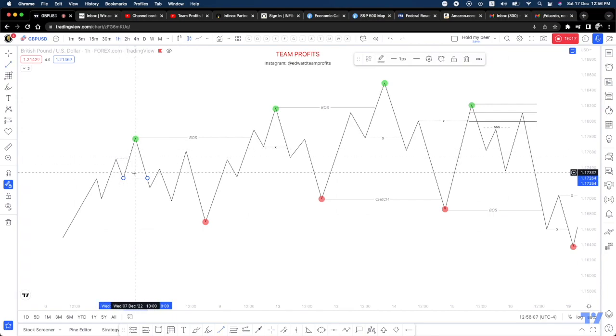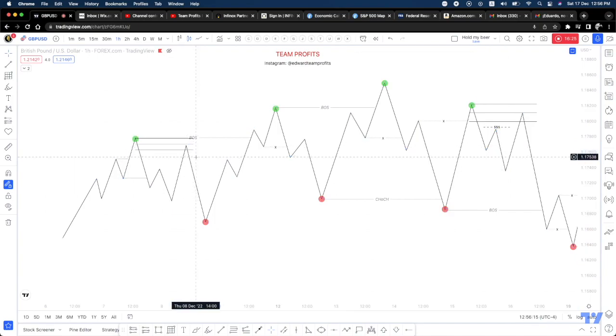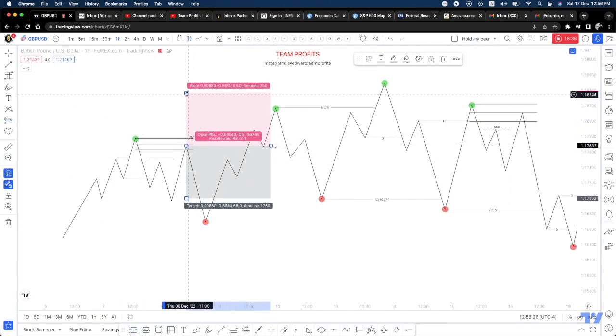A minor BOS, change of character, and maybe we're going to find a small order block somewhere here. The market might actually mitigate, right? Taking this liquidity out, mitigate and go on a short position for a sell. Okay, somewhere there.